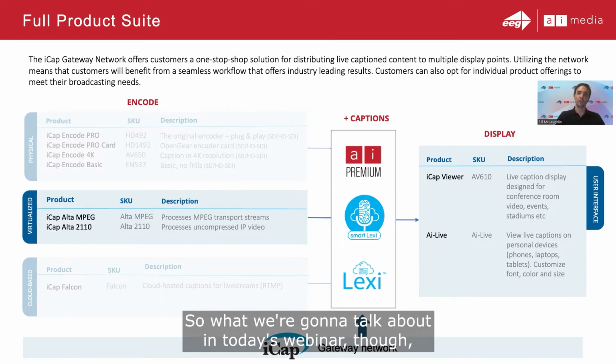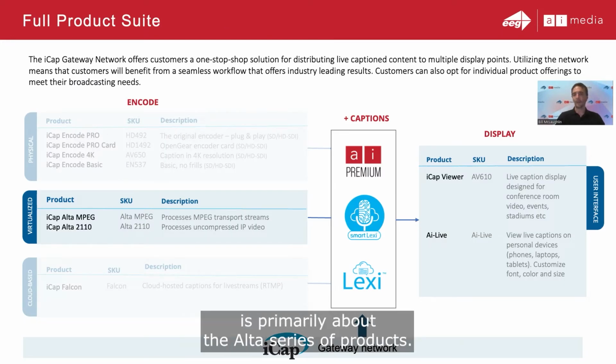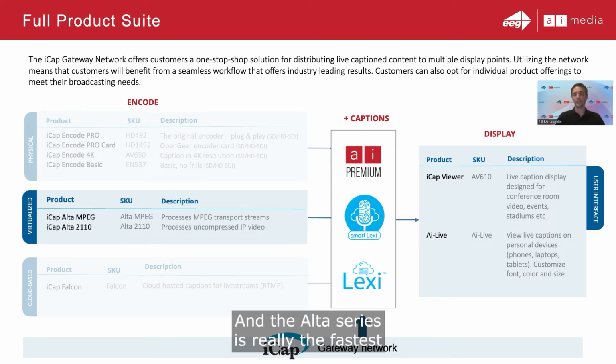So what we're going to talk about in today's webinar is primarily the Alta series of products. The Alta series is really the fastest growing in our video enabling technologies.